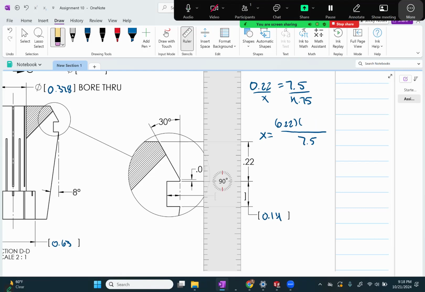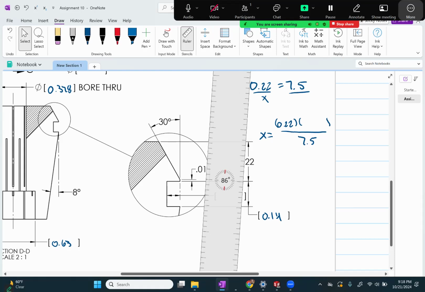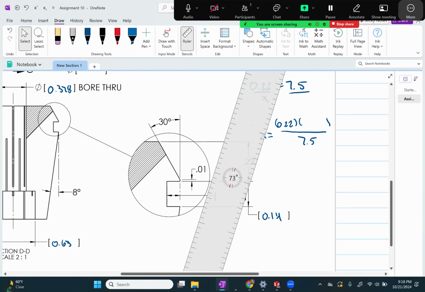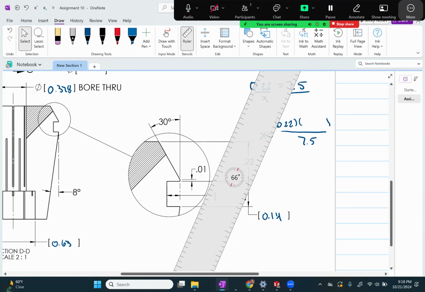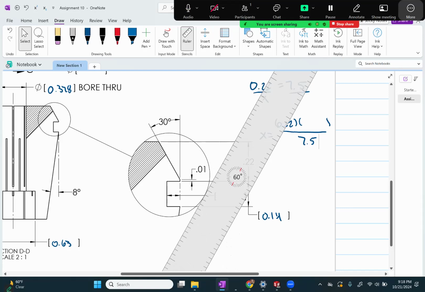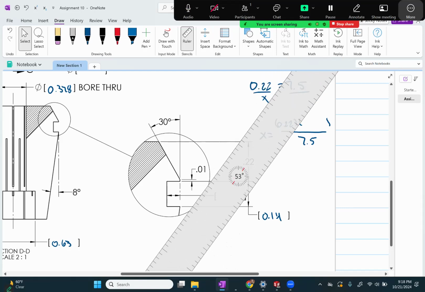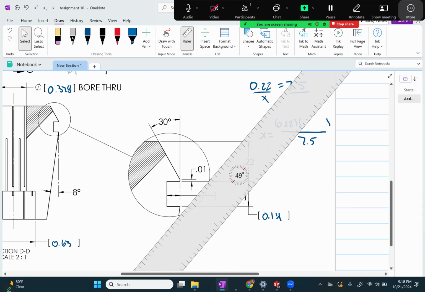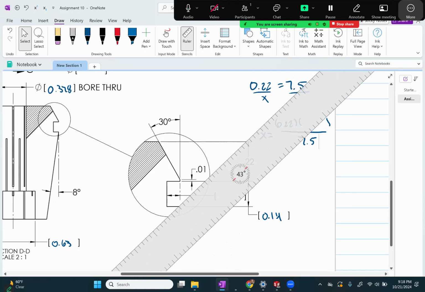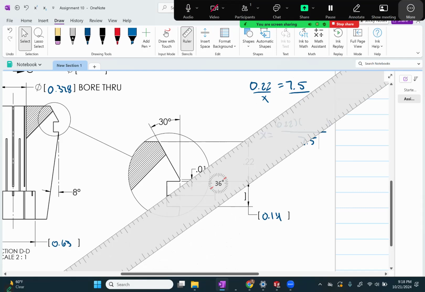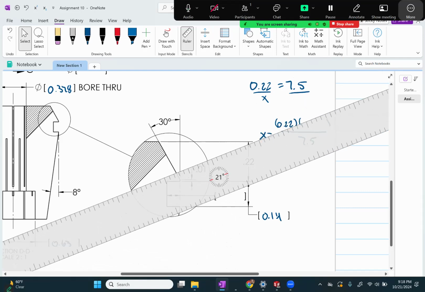Let's erase this and do the same for this horizontal line. So again, we'll rotate my ruler one more time, which I have to do manually, but it is what it is.